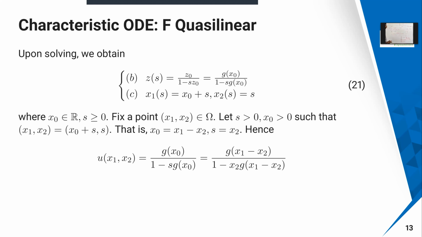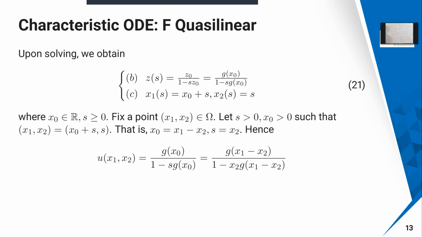Here once again, for a given x comma y in the domain, you have to choose s greater than 0 and x naught greater than 0 such that x comma y equals x naught plus s comma s.